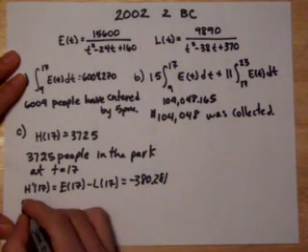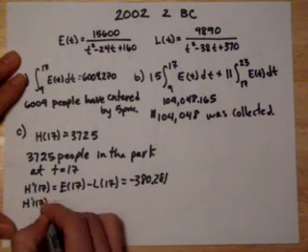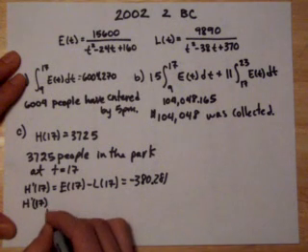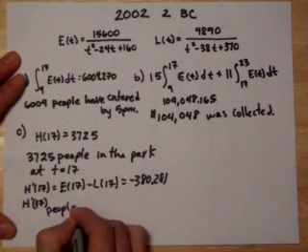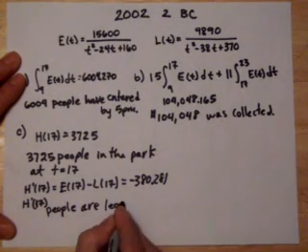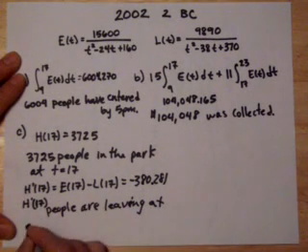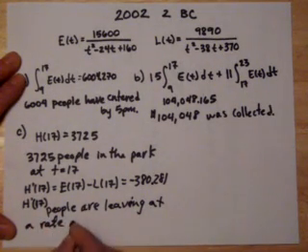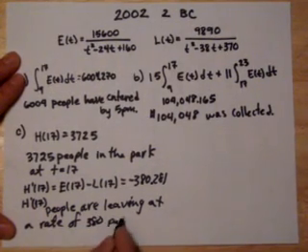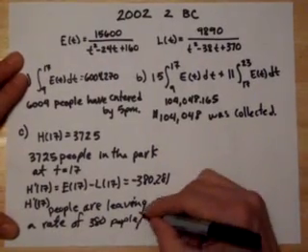So that means that H prime of 17, the meaning of that is that people are leaving at a rate of 380 people per hour.